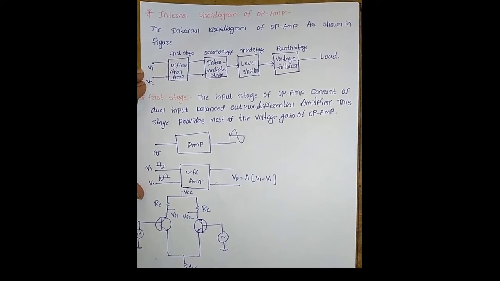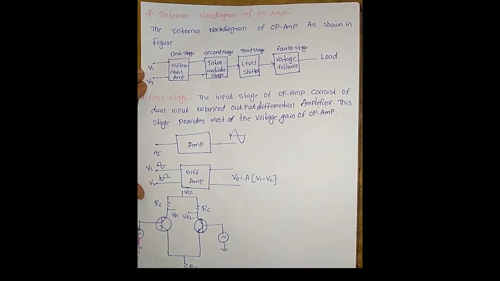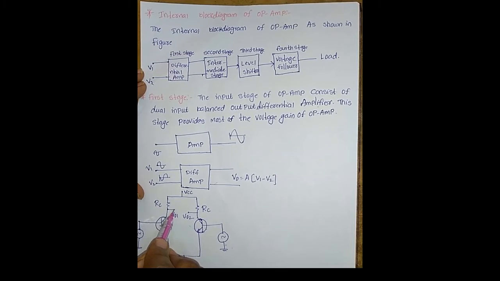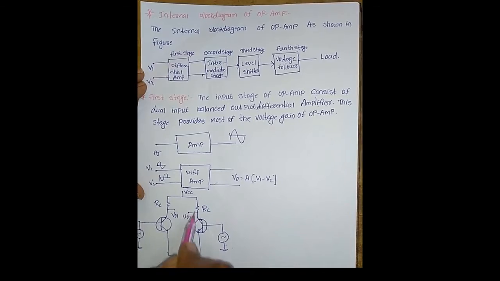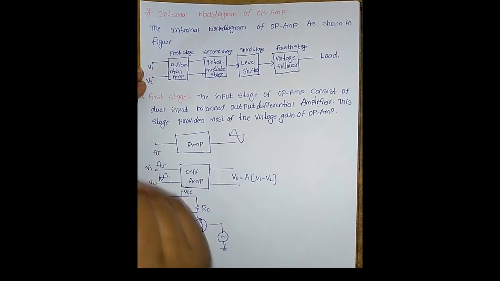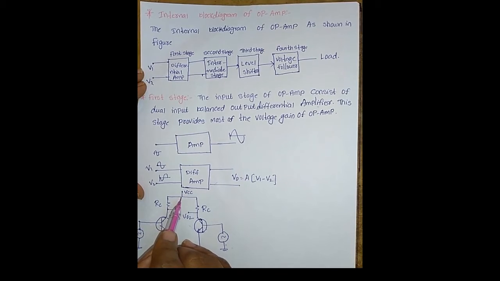If we collect the output at only one collector terminal of a BJT, we consider it as a dual input unbalanced output differential amplifier. This circuit we use at the first stage of the operational amplifier.